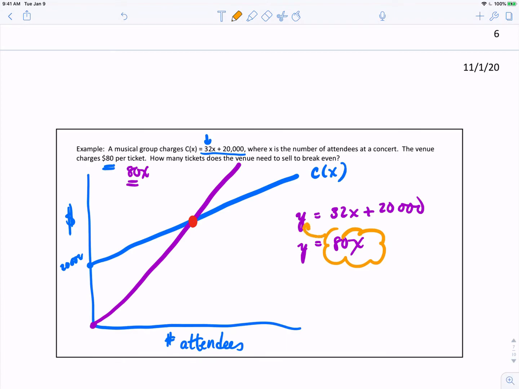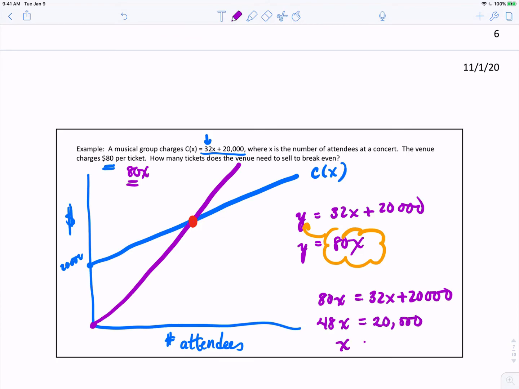So we'll simply substitute it into the other equation and solve. So we have 80x is equal to 32x plus 20,000. Subtracting 32x from each side gives us 48x is equal to 20,000.